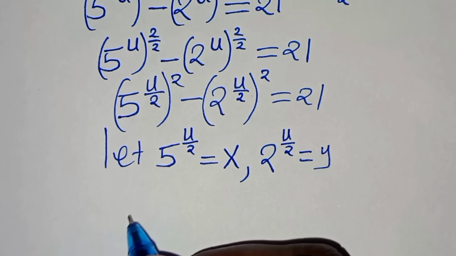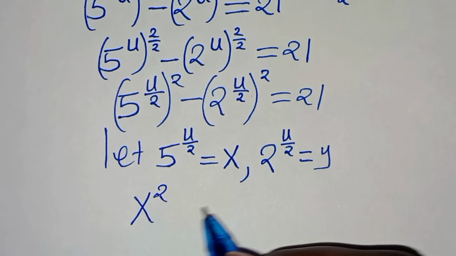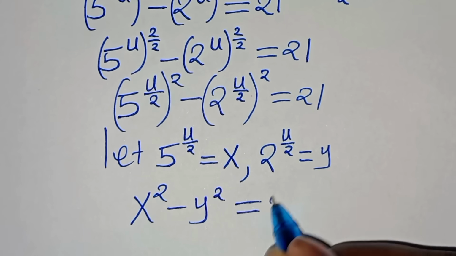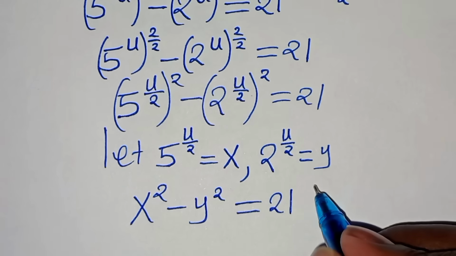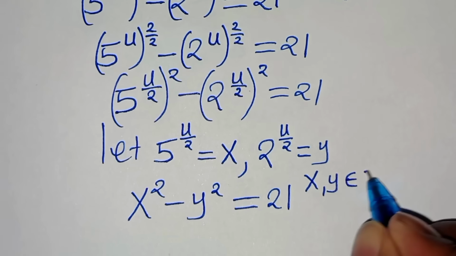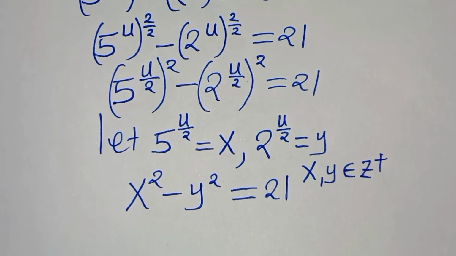So that now x squared minus y squared is equal to 21. We have that x and y are members of the positive integers.